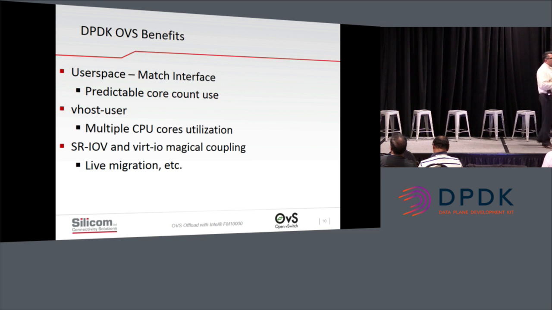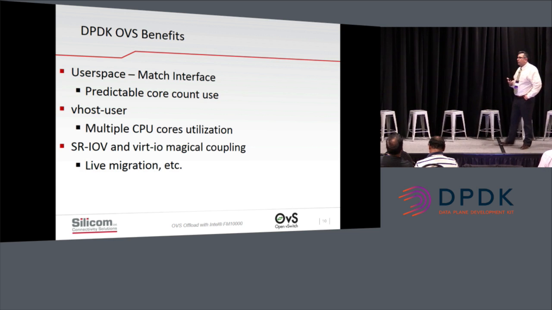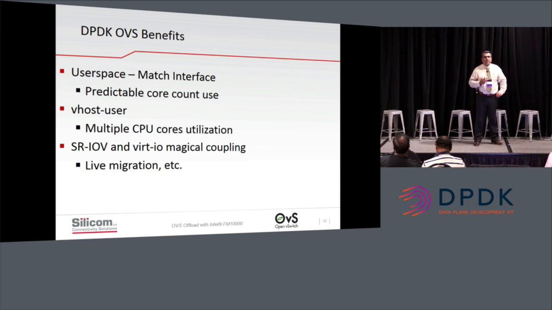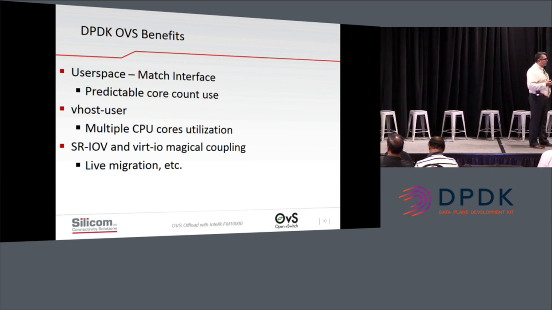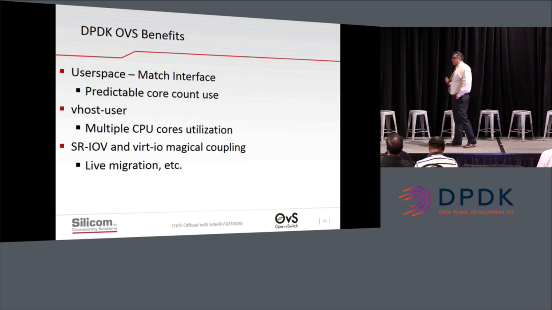With DPDK it is easy to decide upfront how many cores we would like to use, specifically which cores, and by that we could avoid what often happens with virtual switching per se, like standard OVS, where you couldn't know in advance where exactly the load is.